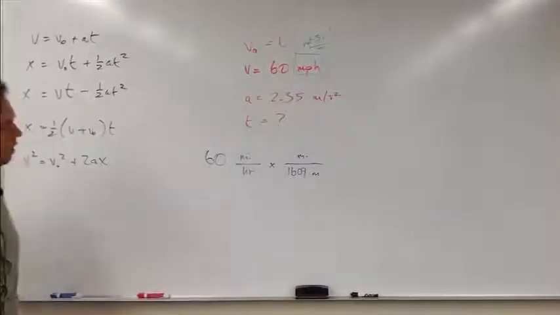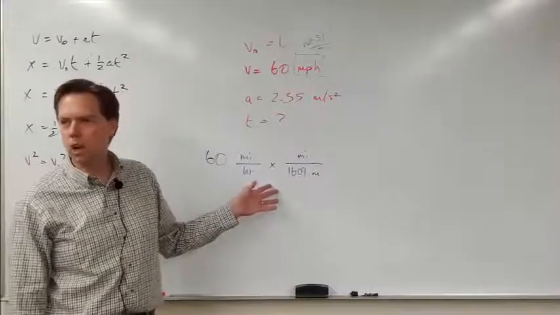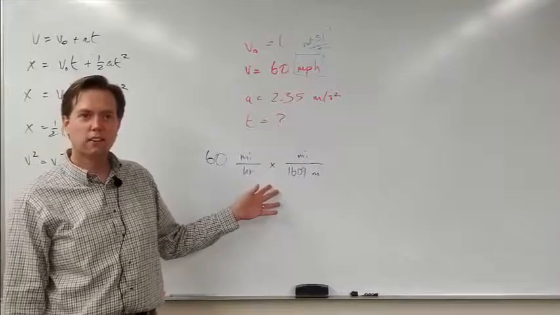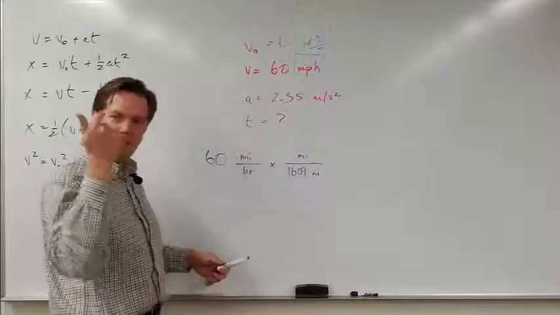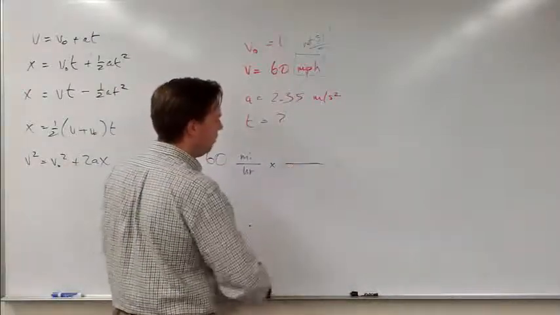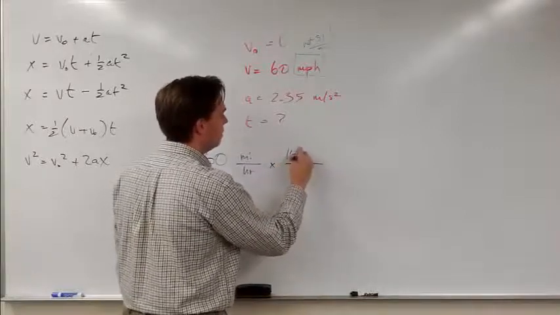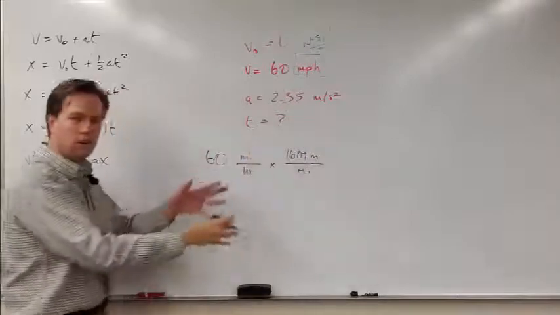So I write 60 miles per hour as a fraction to help me do this conversion. If I have it upside down, I can't do my cancel thing. That's how I know I've got it upside down. So I always write it out like that, so I know I've got it oriented right.